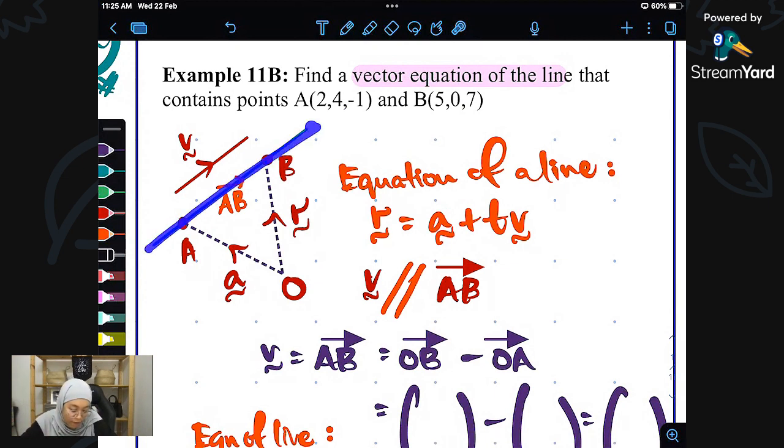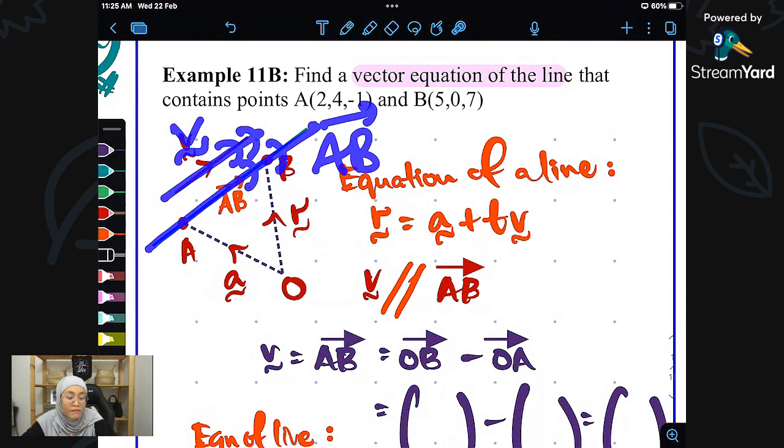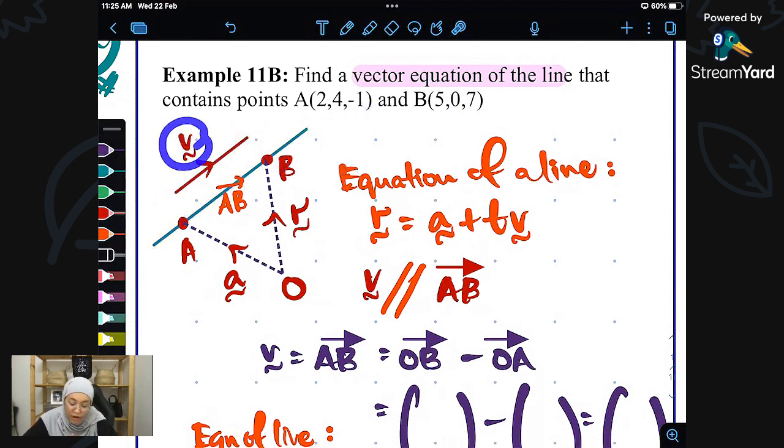So on this line itself, we have point A and point B, from which we can get a vector, which is vector AB. And this vector AB is parallel, confirmed, obviously parallel to the vector V. So we don't need to worry about the vector V. We can find the vector AB.